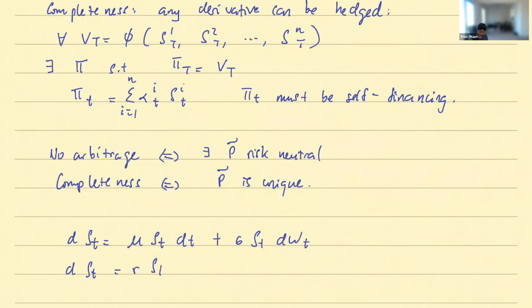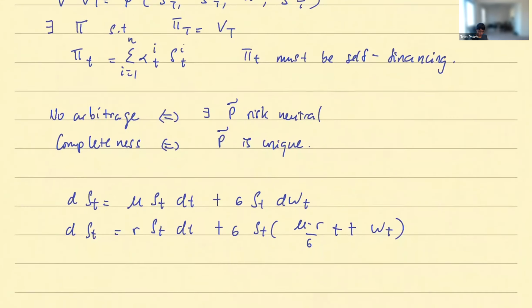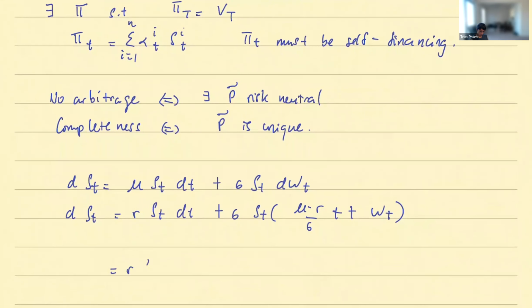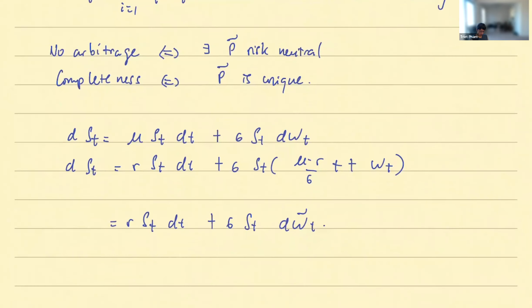And then we transfer like this. Okay, and we call this W tilde. So this is classical Black-Scholes.